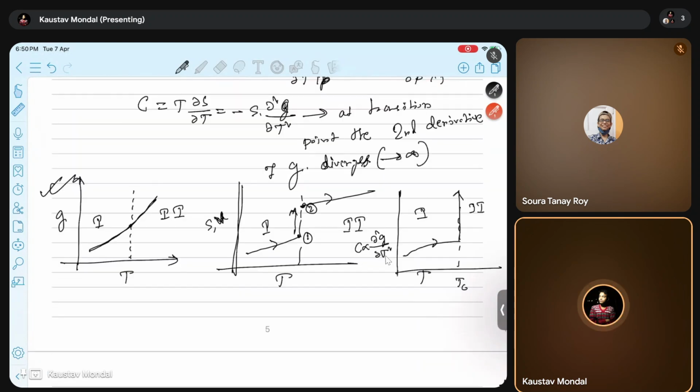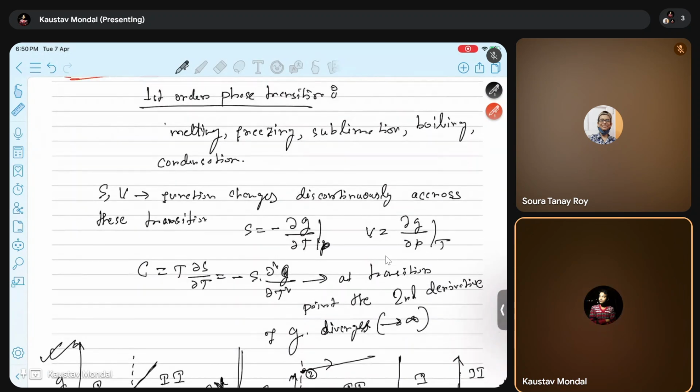Now we'll check how, using Clapeyron's equation and by calculating different quantities like specific heat and change in specific volume, you can construct the phase diagram.